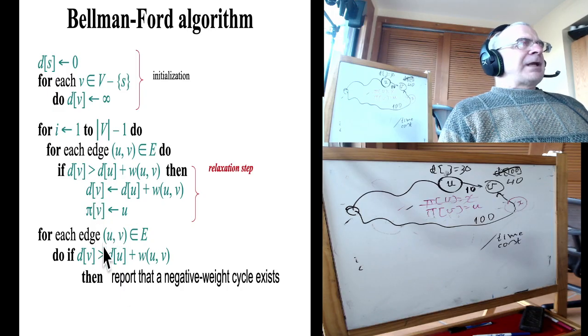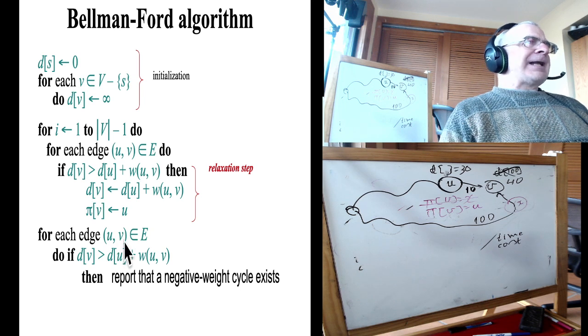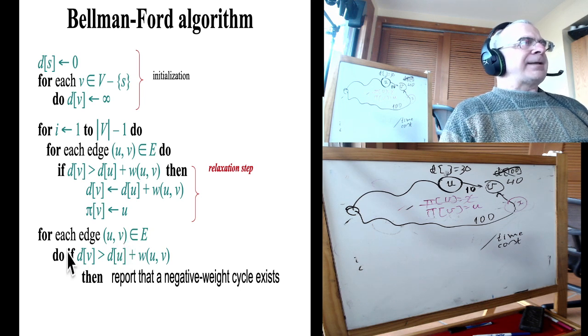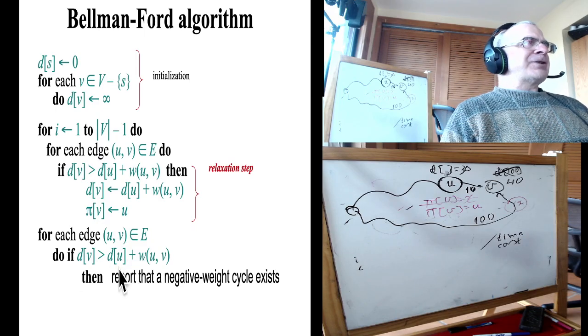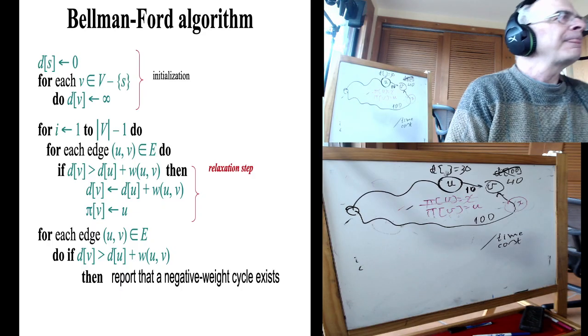But what we expect to happen if your graph is well designed, the last iteration should not change anything about the D of V. If you did succeed to perform relaxation in this very last iteration, D of V would be still larger than D of U plus W of UV. It can only happen if your graph has negative cycles, and in this case, there is an error. Your question was meaningless to start with.